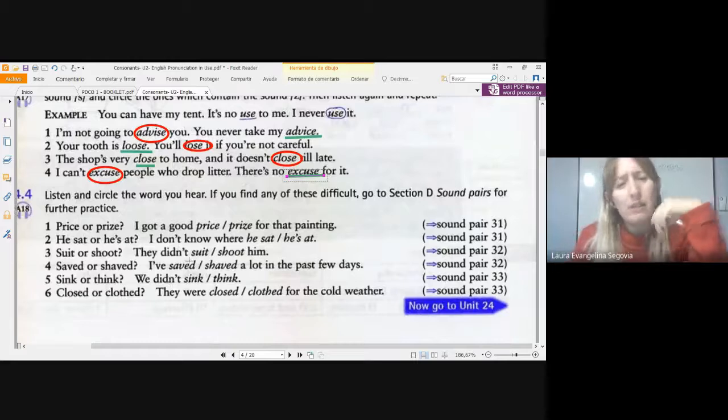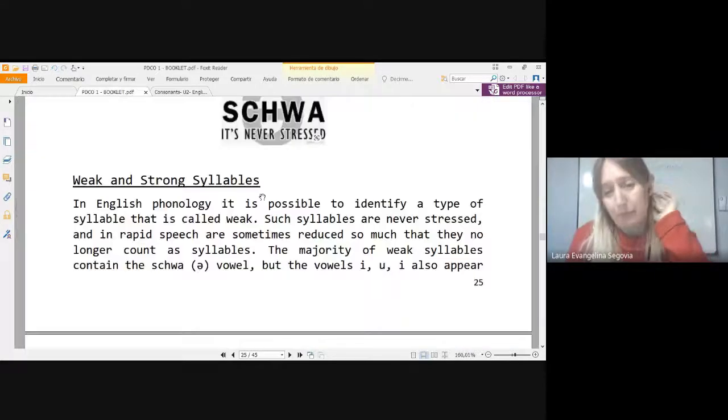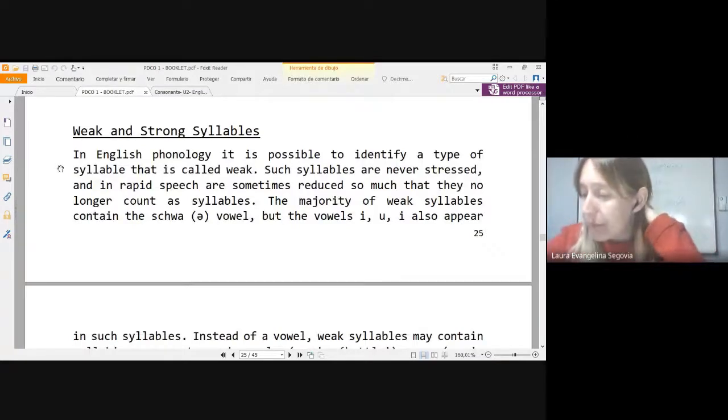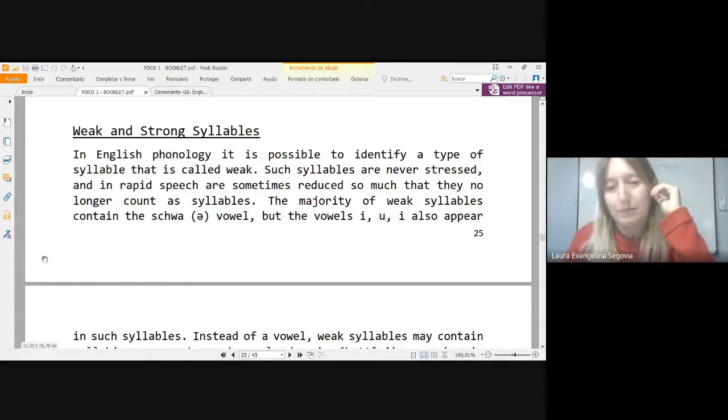Okay, let's leave this one because I don't think it's good. We have already practiced the difference. Let's go to the booklet. Okay? Are you there? Tell me when you are there. I cannot see you, people.